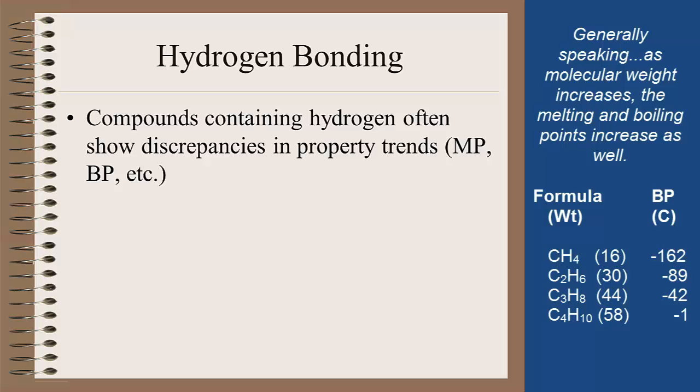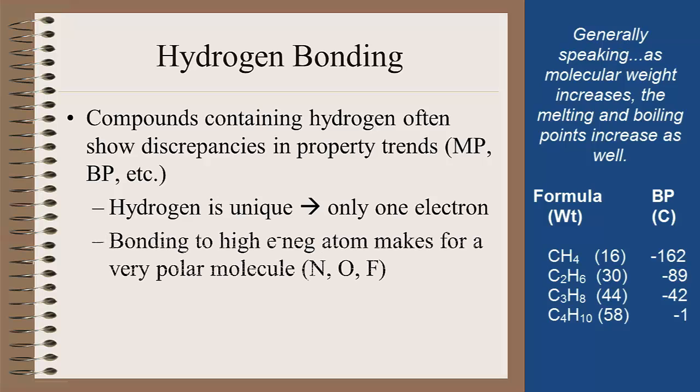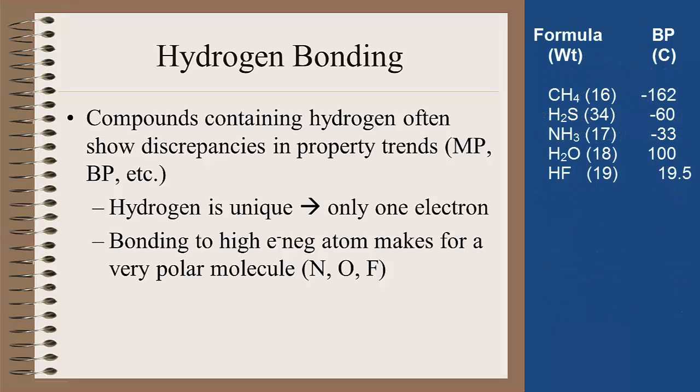When we compare compounds on the basis of properties, their melting points, their boiling points, typically what we see is that compounds that have similar molecular weights will have similar properties, similar melting points, similar boiling points. However, when hydrogen is involved, the fact that hydrogen has only one electron means that the values we see are typically discrepant from other comparable compounds, especially when hydrogen is bound to one of the very highly electronegative elements, nitrogen, oxygen, and fluorine.